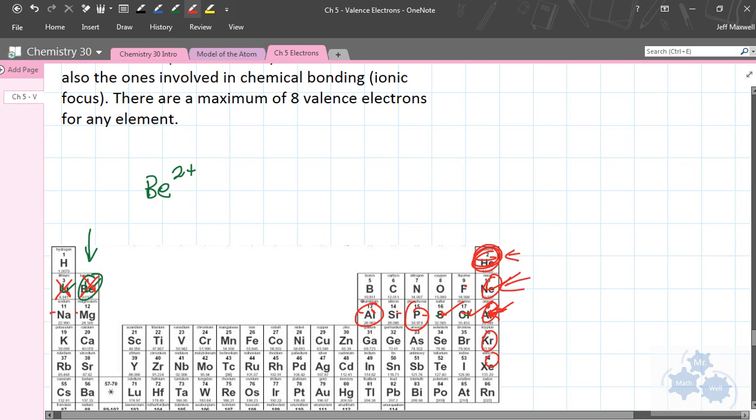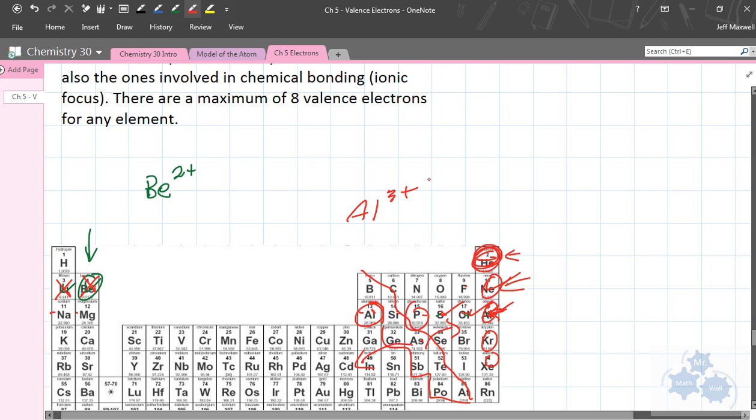Remember that these, roughly around here, right? These guys are the metalloids, and they sometimes act like non-metals. Sometimes they act like metals. That's kind of their nature. But if we talk about aluminum, it has the choice to give away 3 electrons or to pick up 5. So it's going to give away 3 to become Al3+. Okay?